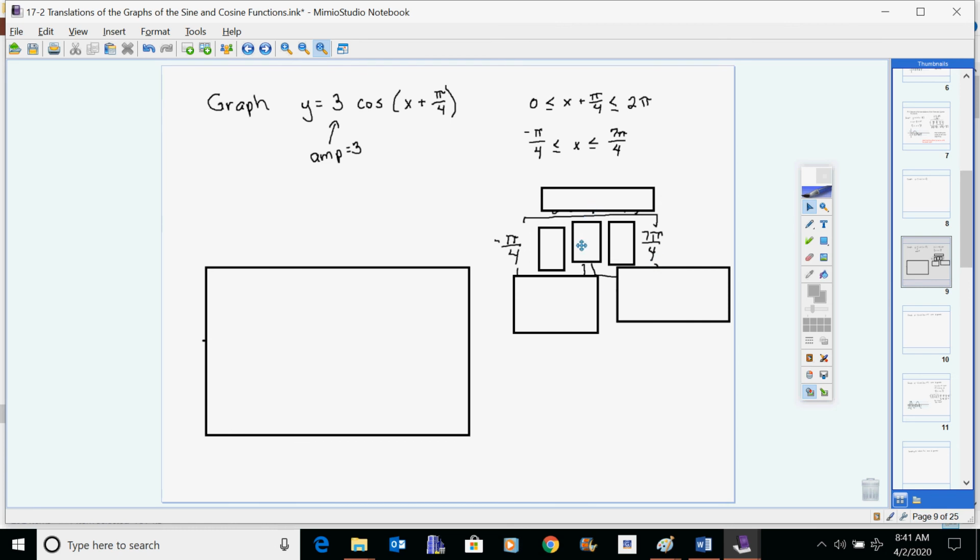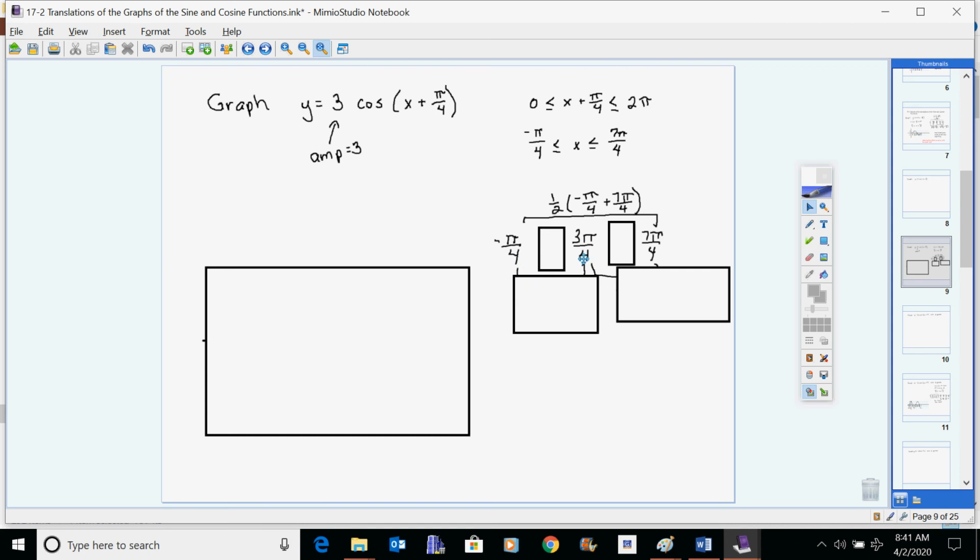So our period is running from negative pi over 4 to 7 pi over 4. We need to find the middle, add them, and multiply by a half. This would give you 6 pi over 4, which would be 6 pi over 8, which would reduce to 3 pi over 4. Then you need to find the middle of the middles.